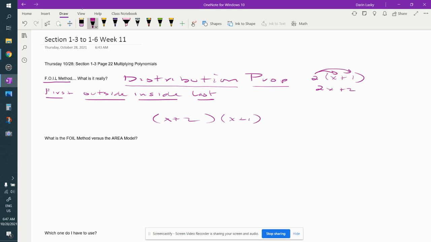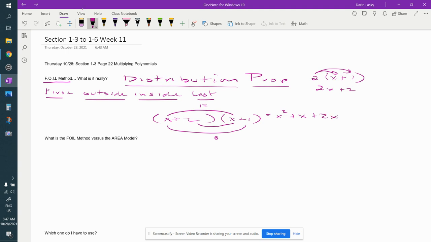And then we're going to take this and we're going to multiply the first ones together. There's our first, x squared. And then we're going to multiply the outside ones together. There's our outside. So x times 1 is x. And then we're going to multiply the inside together, which is those two, and we're going to get plus 2x.